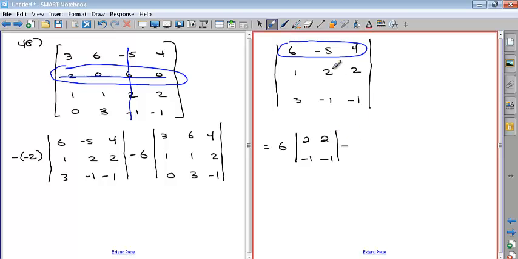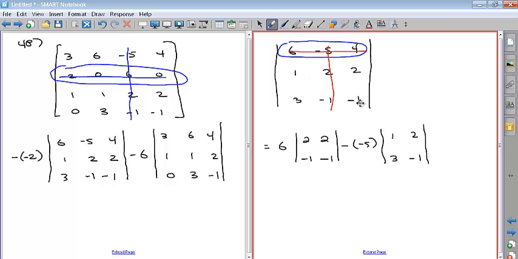Then you subtract the next one because it's in the next position over. Subtract -5, and if you cross this out and cross that out, you're left with these 4. So it's 1, 2, 3, -1. So again, cross that out, cross that out. If you need to do it, just do that.